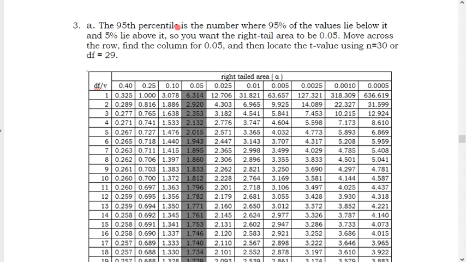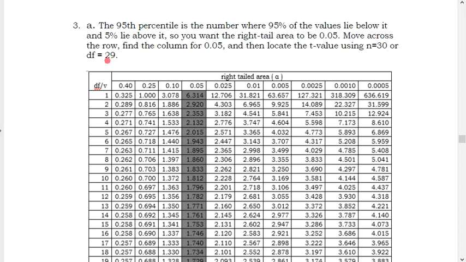Letter A, 95th percentile. The 95th percentile is the number where 95% of values lie below it and 5% above. So, there is still a 5% significant level. You want the right tail area to be 0.05. Move across the row, find the column for 0.05, and then locate the t-value using n equals 30, or the degrees of freedom of 29.